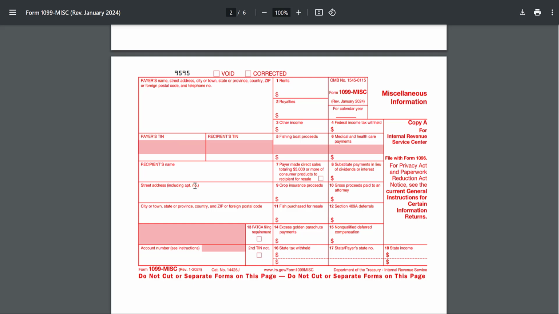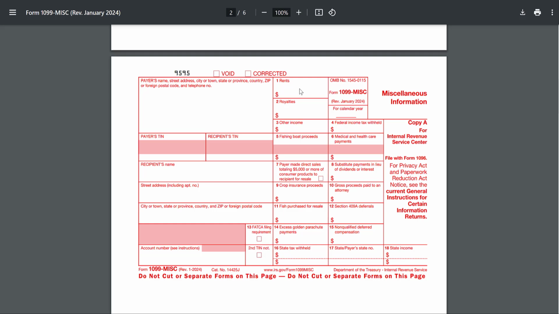If they refuse to fill out a W-9, you technically should get that before you pay them and then just not pay them. However, if you have paid them and they still refuse to furnish a W-9, you can mark second TIN, and then this will get you a penalty, but you're still compliant filing your 1099s, okay?